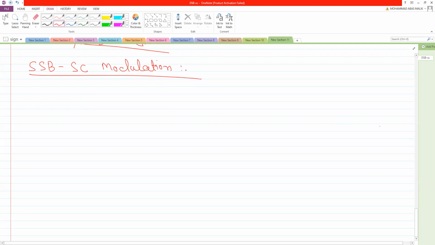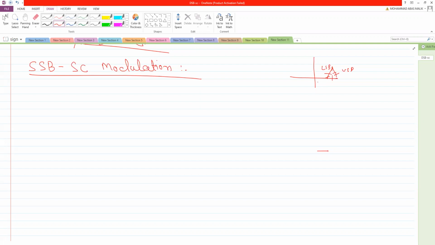I will draw the background here. There is no carrier, obviously, but there are still two bands: one is the upper sideband, another is the lower sideband. Upper and lower sidebands transmit the similar information. So there is no need to transmit both bands. We can transmit only a single sideband, which is all that is necessary for the information. There is no need for duplication of the information or redundancy.